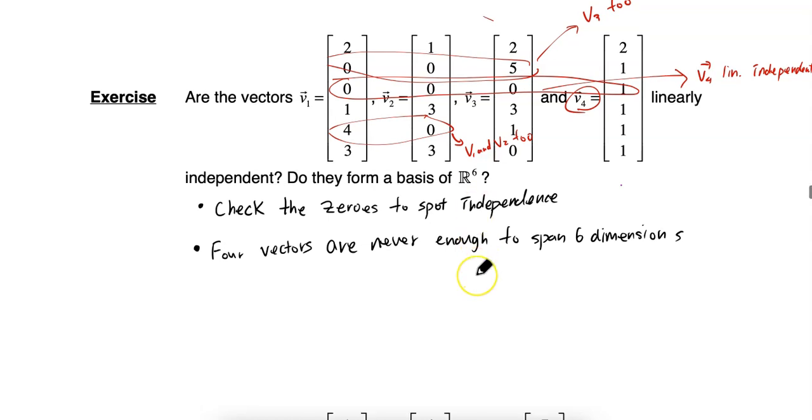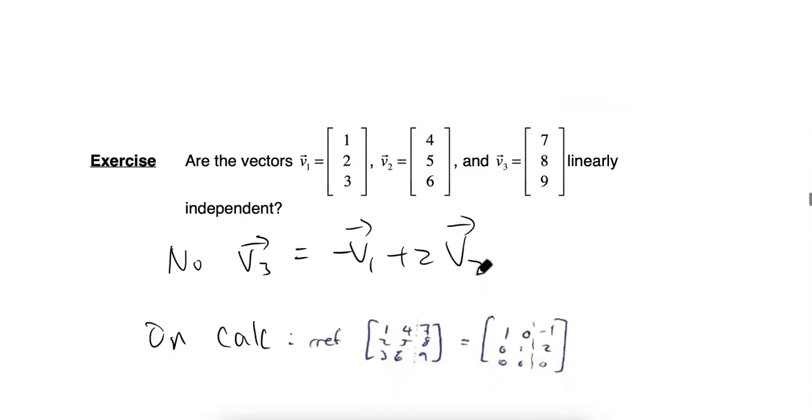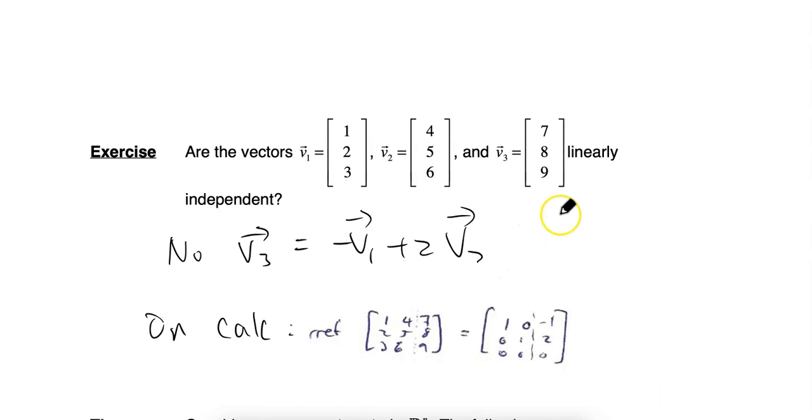Are the vectors (1, 2, 3), (4, 5, 6), and (7, 8, 9) linearly independent? The question we ask is, is it possible to do A times V1 plus B times V2 equals V3? So can I have a combination of these that gives me V3? Because clearly V1 and V2 are independent.